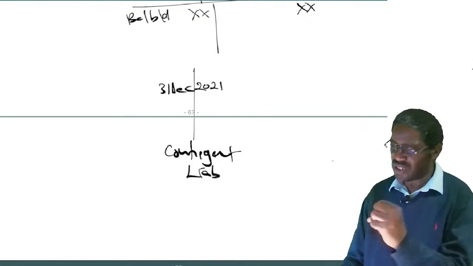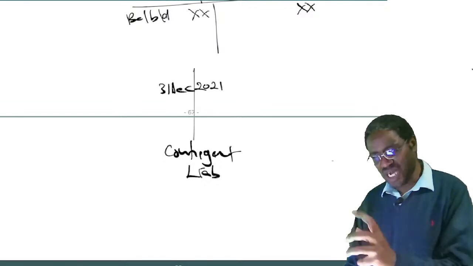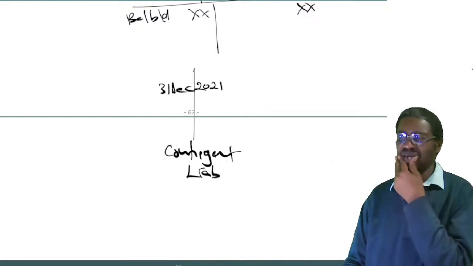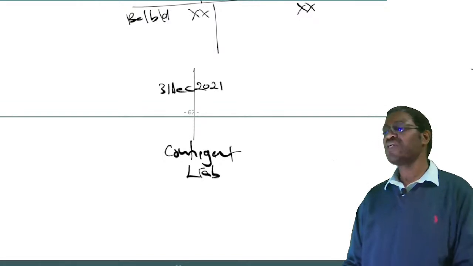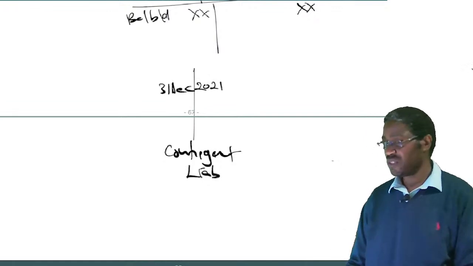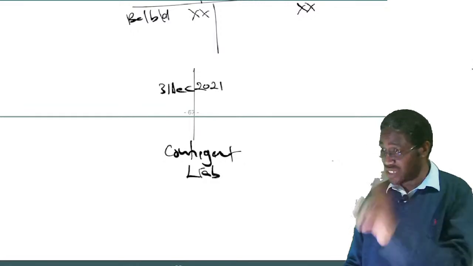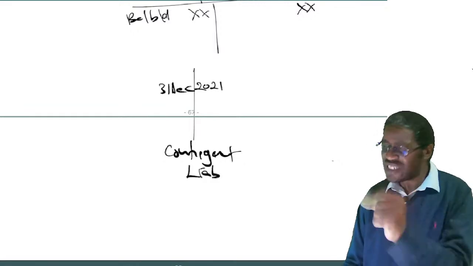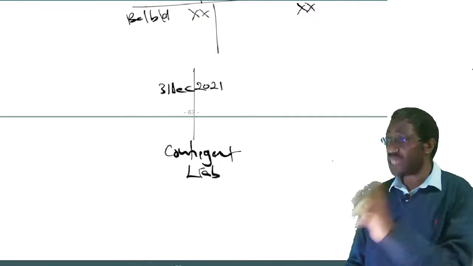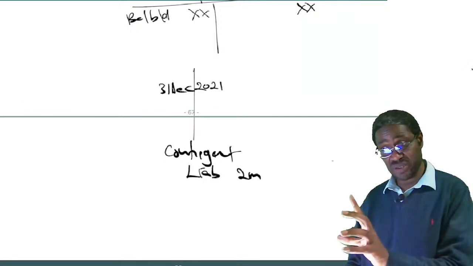Now, let's use a simple example like a court case. You are the accountant, gathering the information concerning this company. Suppose you realize that by 31st of December, this company has a court case which has not yet been decided. But the lawyer of the company has assessed the scenario and seen that in case the case goes against the company, then as a company, we shall end up paying 2 million shillings as damages.